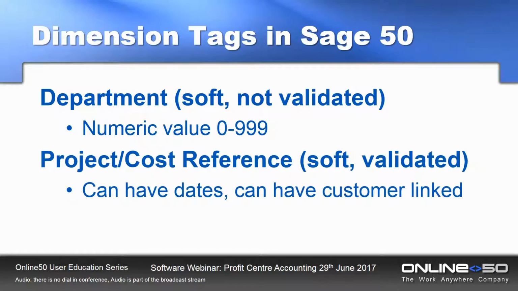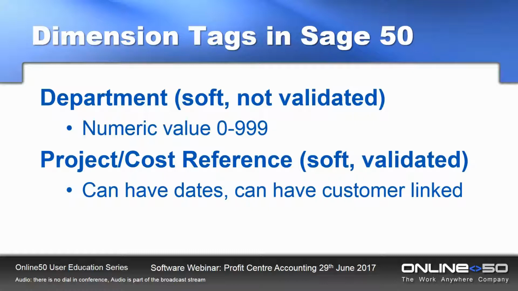Some of the newer versions, so this has been in for quite a few years now, also support project and cost references. So you can enable project references. That allows you to assign a project reference to most transactions, not all transactions, bizarrely not transactions which are product invoices, which does seem a bit strange, but you can't do that.